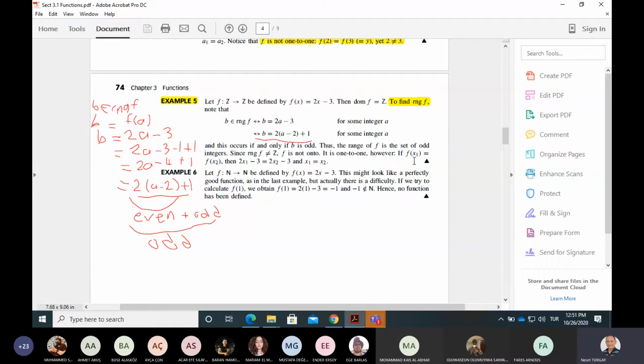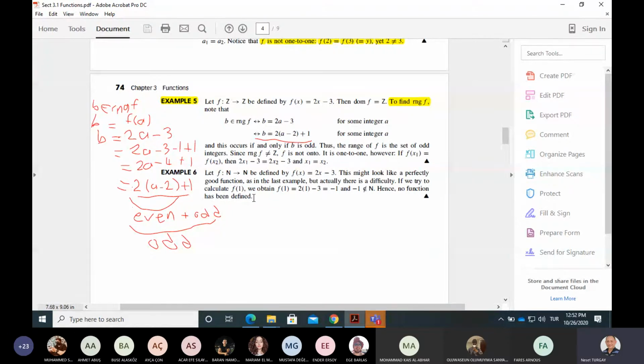It is one-to-one. If f of x1 is f of x2, that means if 2x1 minus 3 is equal to 2x2 minus 3, then x1 is equal to x2. Okay? Here, let f be from natural numbers to natural numbers, f of x is 2x minus 3.